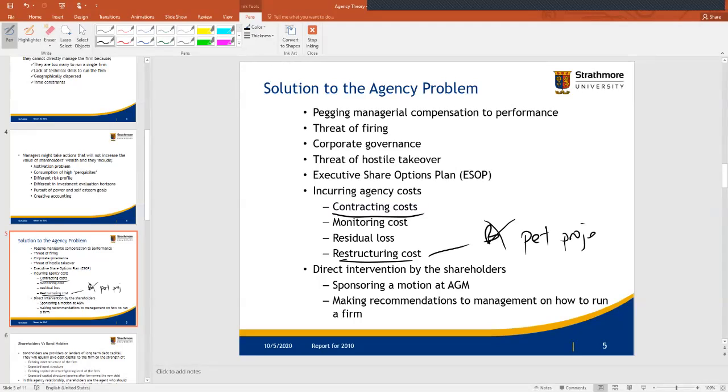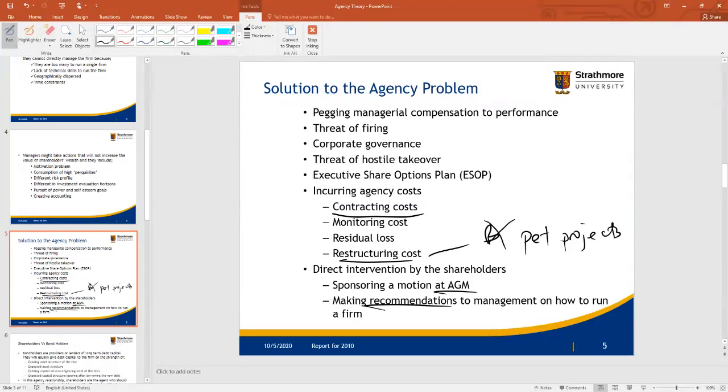They were not adding any value to you as shareholders. They were self-interest projects that were advanced by the managers. Of course, at the AGM, you can have intervention through a motion or making recommendations. So these are ways that you, as the shareholders of the company, can try to protect your interests in your own company.